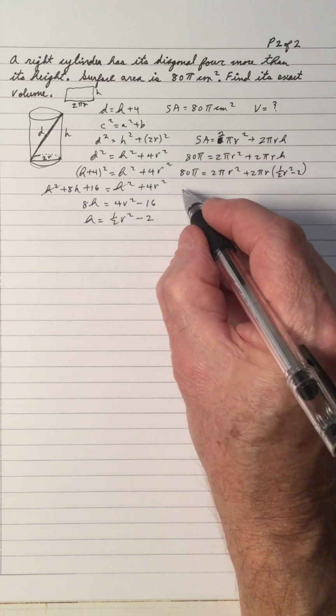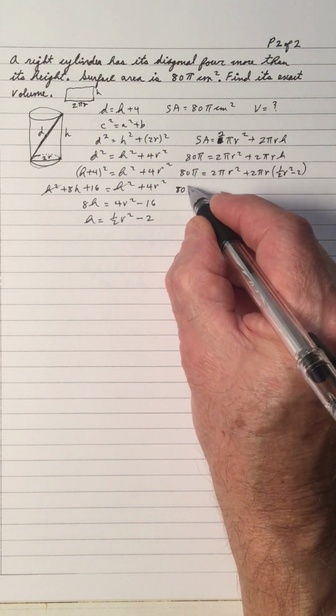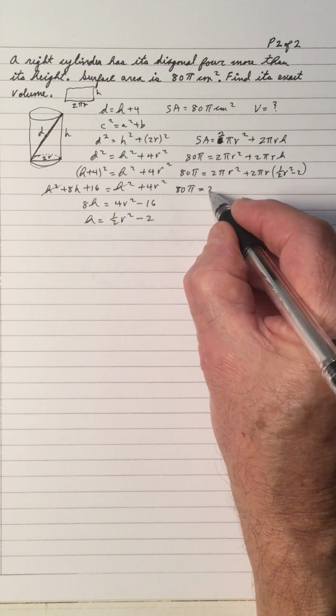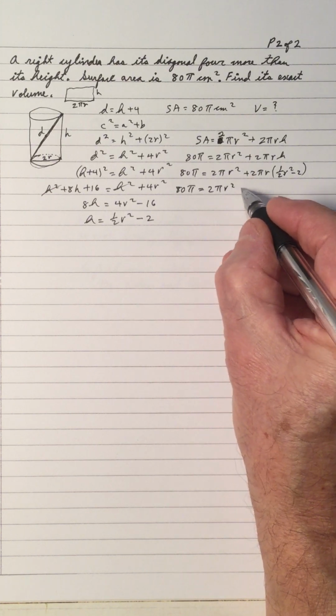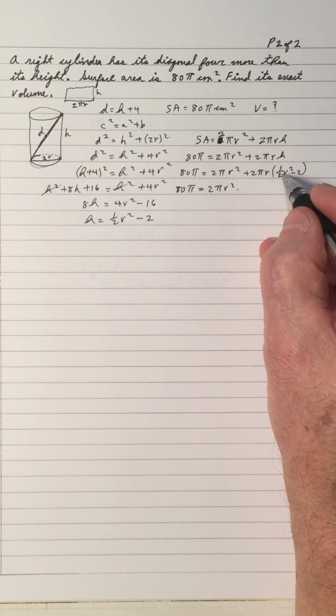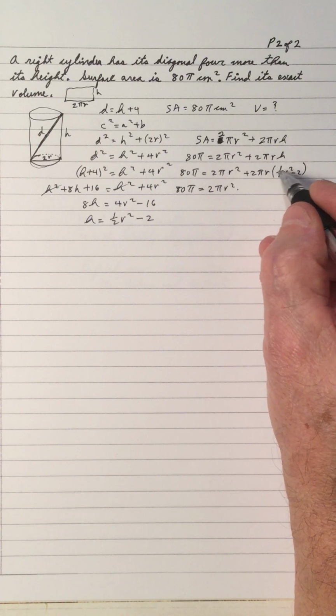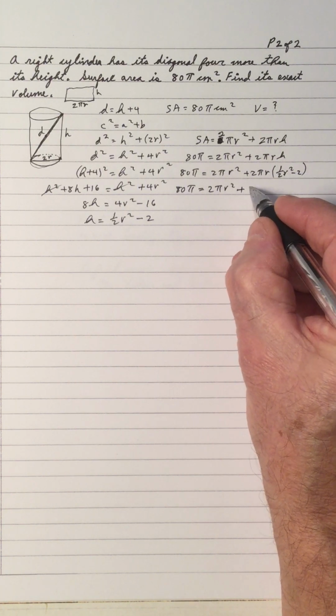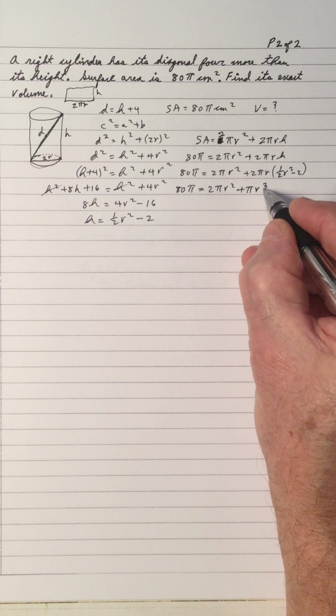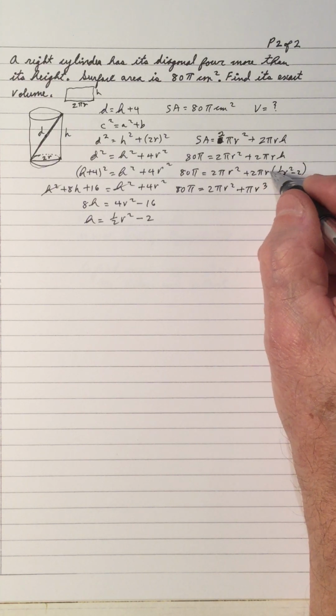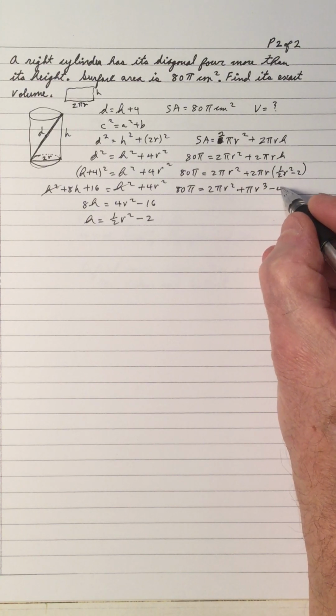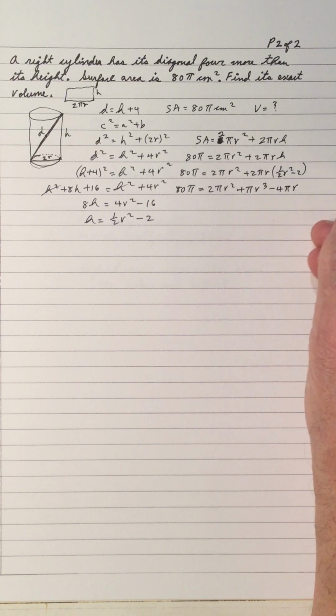We simplify this equation: 2 times a half is 1, so we get pi r cubed. And 2 pi r times negative 2 is negative 4 pi r.